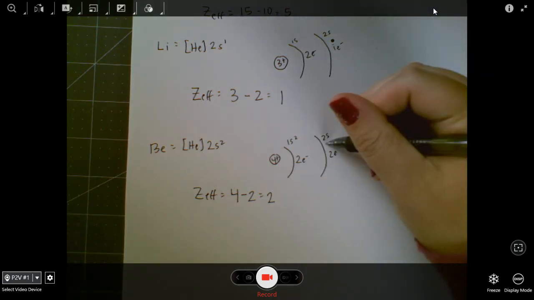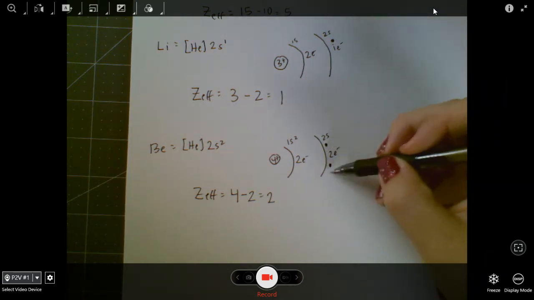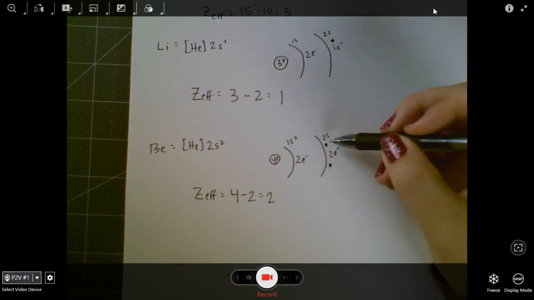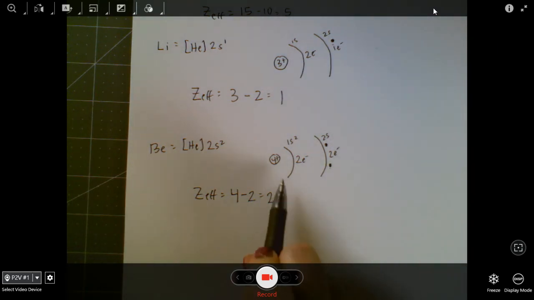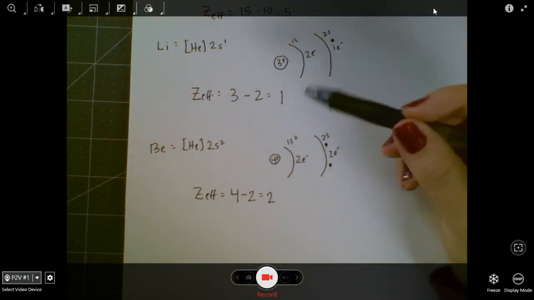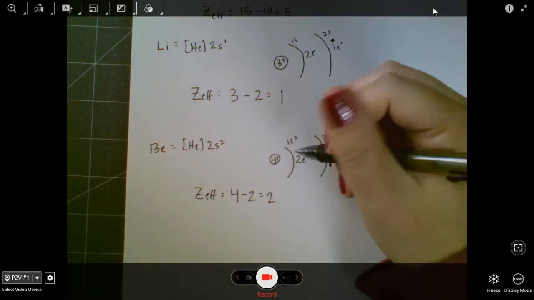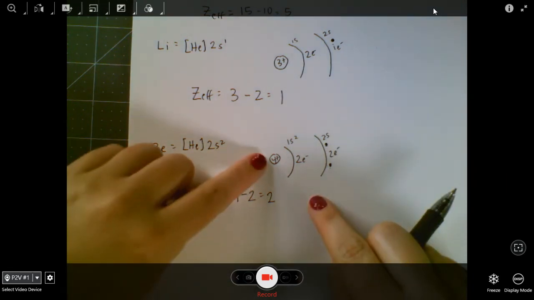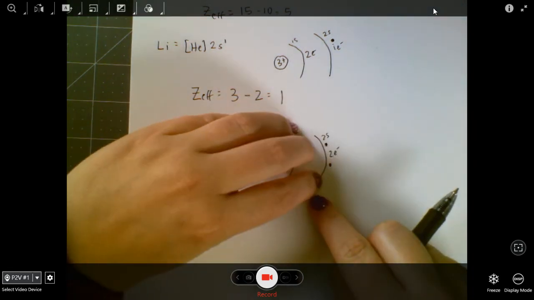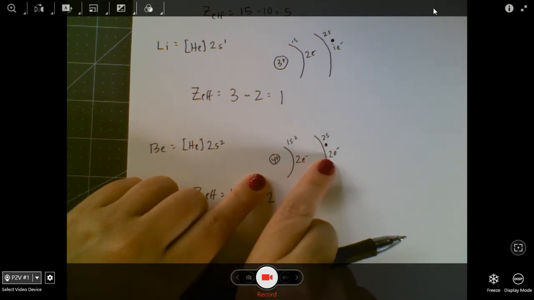The same thing is happening in beryllium. These electrons in the valence shell, even though there's 2 of them, are still only being pushed back by 2 electrons. But what's different about beryllium is instead of having 3 protons like lithium, beryllium is going to have 4 protons pulling in. So if you think about magnets, there are 4 positive things pulling these electrons in, and there's only 2 electrons pushing back.